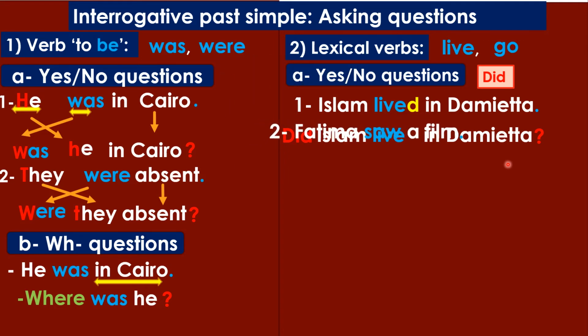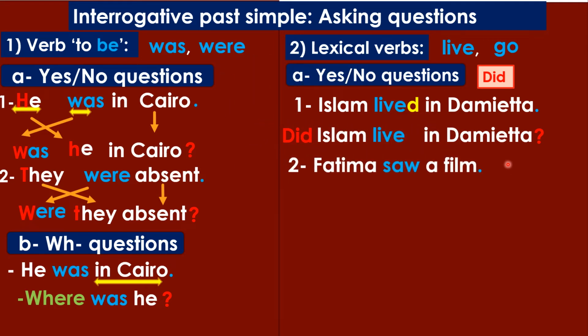Okay. Let's have another example in which we have an irregular verb. Because live is a regular verb. So let's have a look at this sentence. Fatma saw a film. Fatma is my little daughter, my youngest daughter, actually.